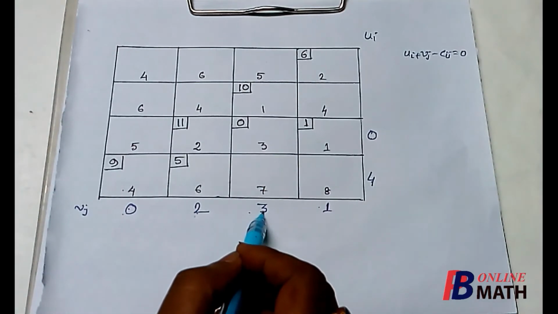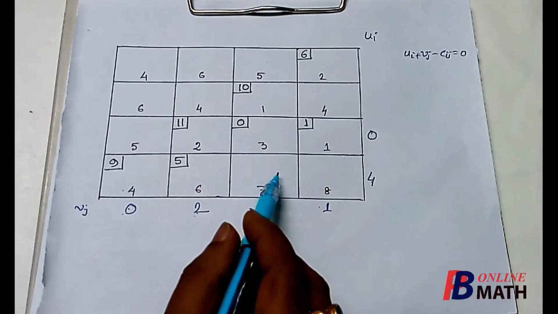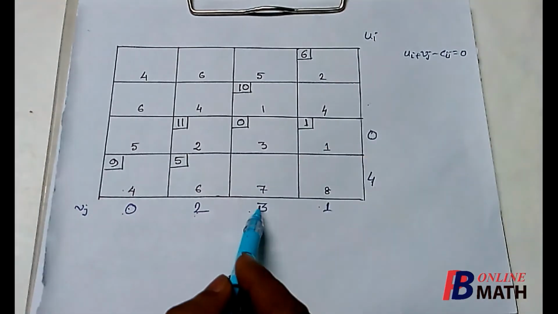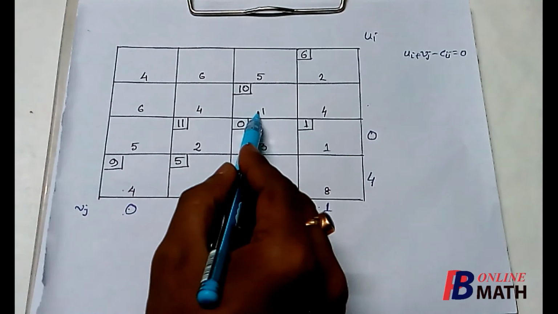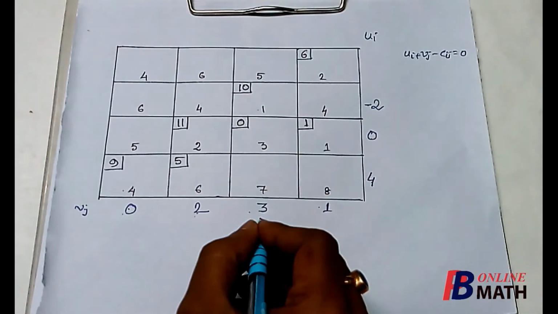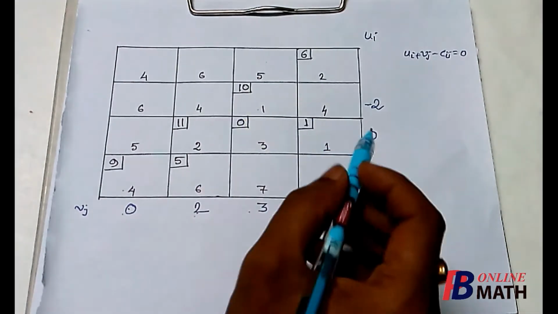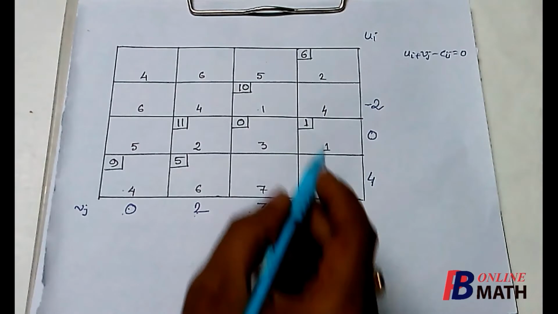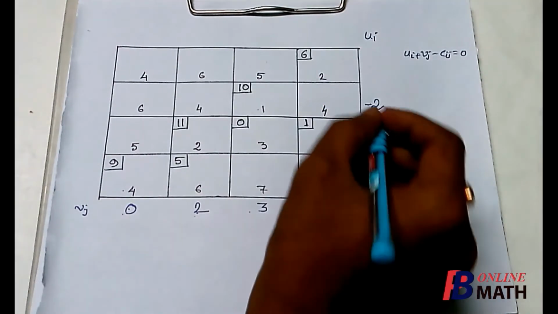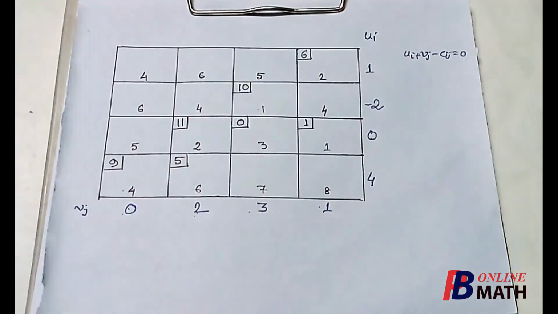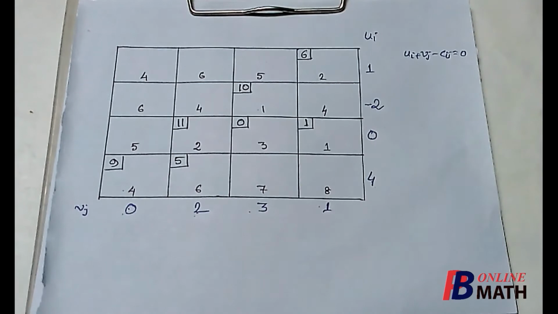Now using this value, we can find this value, so it is minus 2. And finally this value will be 1. So we have computed all the values of ui and vj.